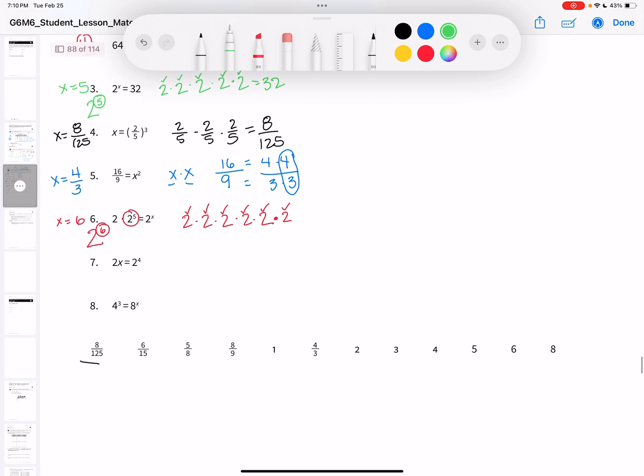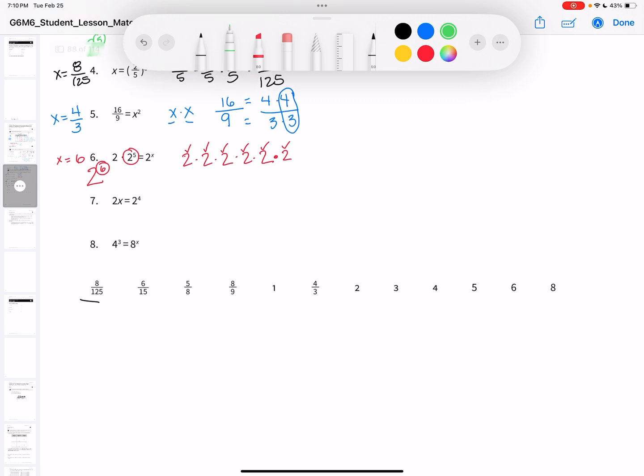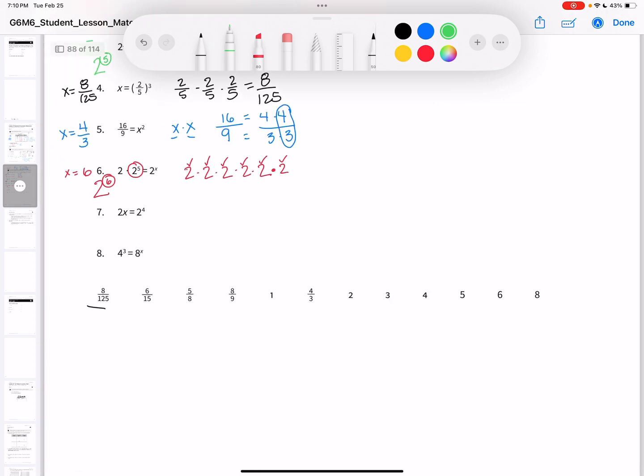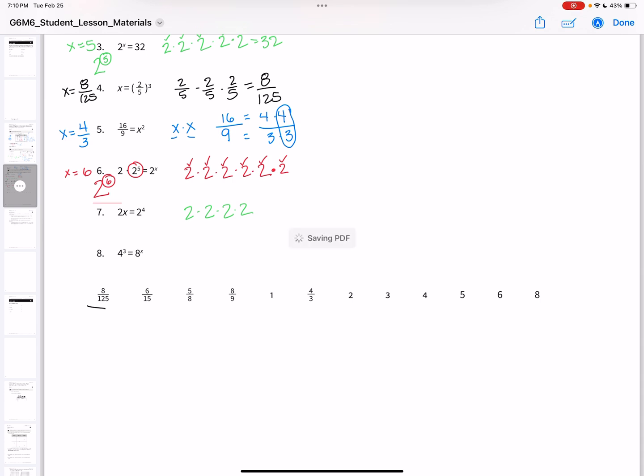Let's keep going. 2 times x equals 2 to the 4th. Well, here we have 2 times something equals 2 to the 4th. Well, let's figure out what 2 to the 4th is, right? So it's 1, 2, 3, 4. 2 times 2 is 4. 4 times 2 is 8. 8 times 2 is 16, right?